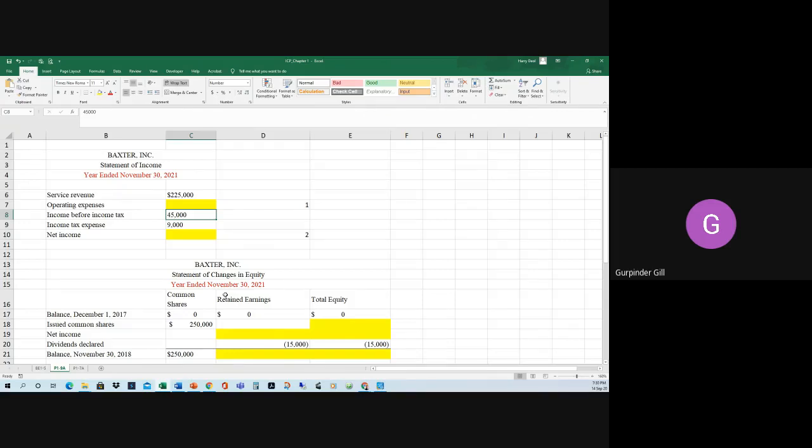So how did it fall from 225,000 to 45,000? It's because of expenses. So 225,000 minus 45,000 gives you your operating expenses. This is just a mathematical calculation. I haven't done anything fancy here, I'm just calculating the missing number. Out of the total income of 45,000, if 9,000 has to be paid for income tax, then our net income is going to be the difference, $36,000.